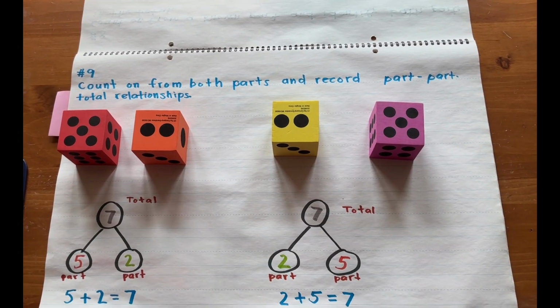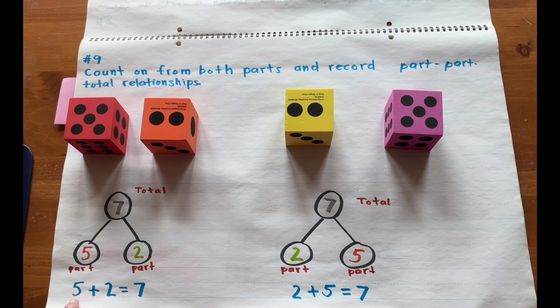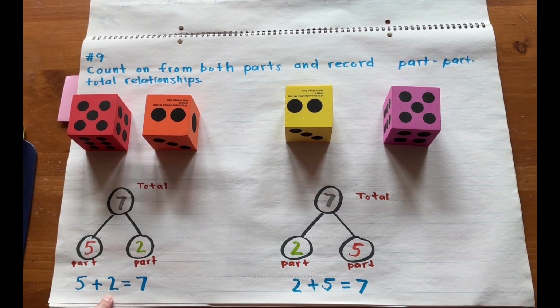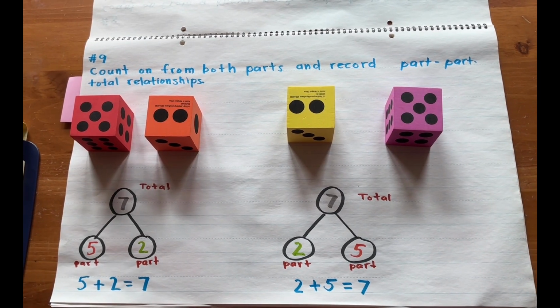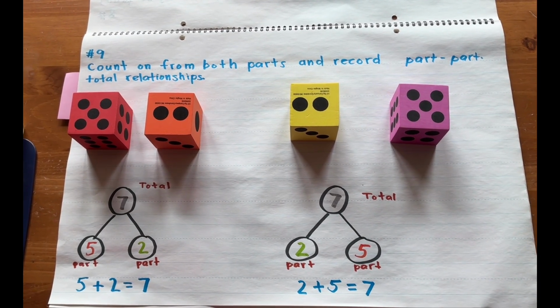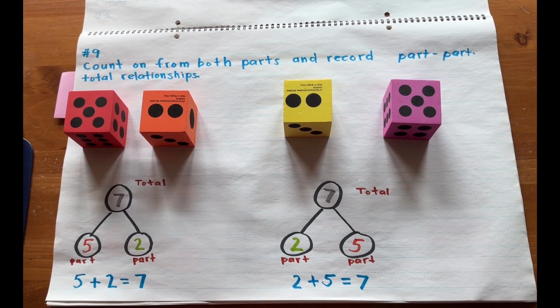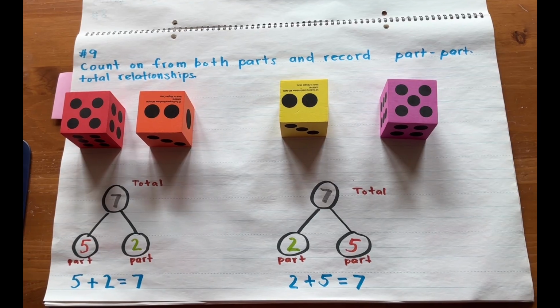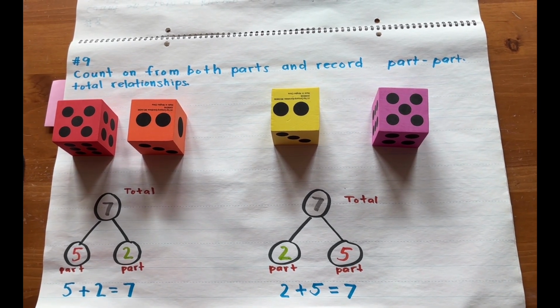Now here is my number sentence. Part 5 plus part 2 equals total 7. And in the classroom, we'll use part and total until the children know it and do not need to say it. Now let's look at the next set of cubes.